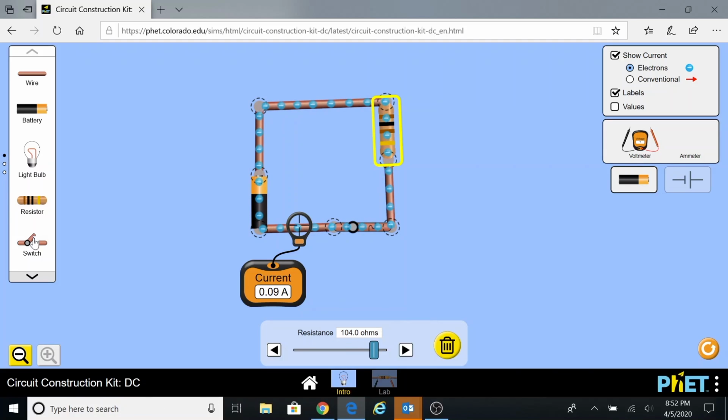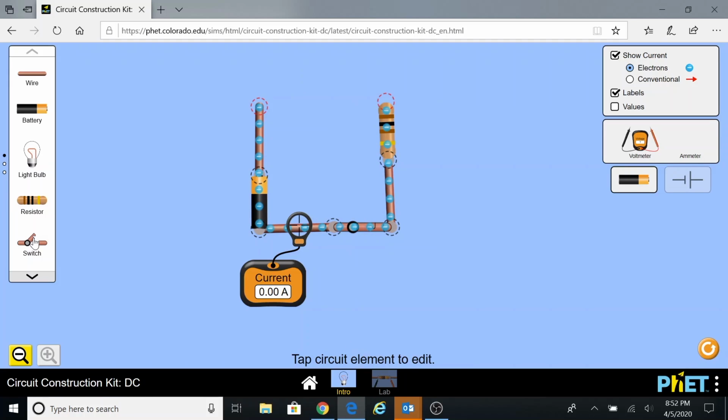We can, in fact, have more than one resistor. And there's a couple different ways to do this. The simplest way is just to put two resistors in line with each other.